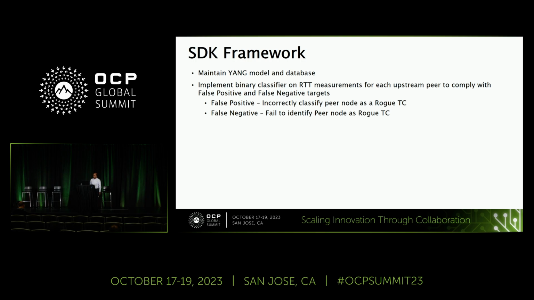And the importance of this number is that if we have a very large deployment, like would be the case in a data center where we can have hundreds of thousands of TCs, if the false positive rate is not carefully controlled, it means that the IT department is chasing false alarms.